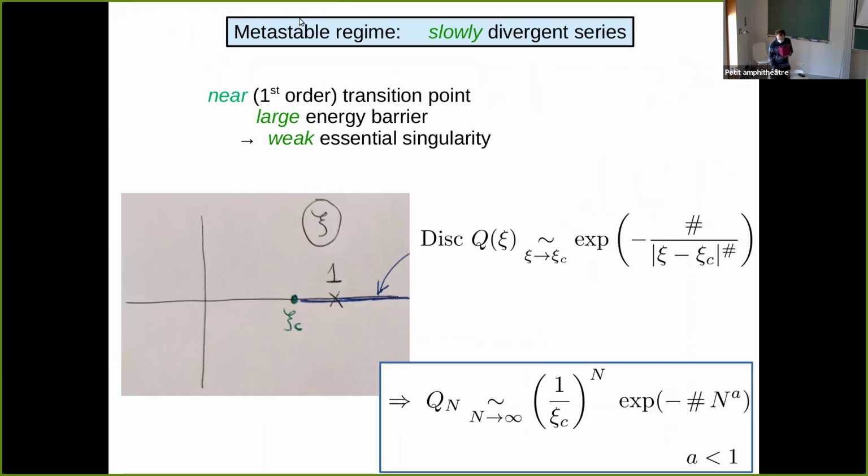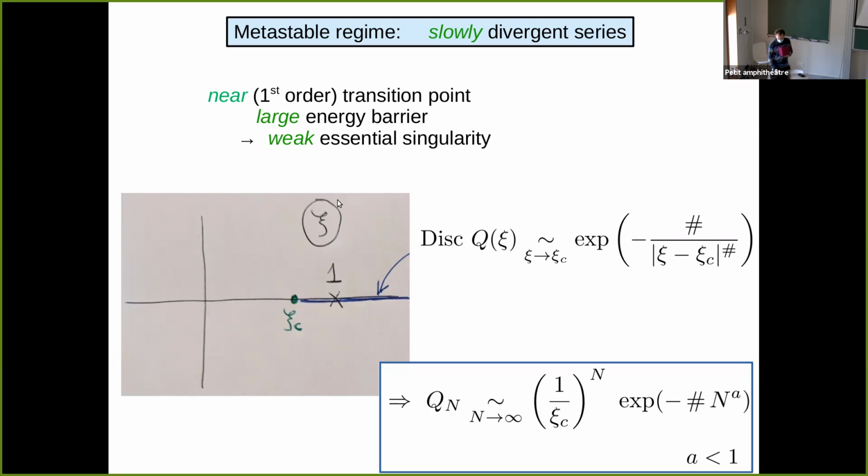So you can be a bit puzzled about this metastable regime because, as I argued in the beginning, in that case, the series should diverge. And indeed, it diverges, but the point is that it diverges slowly because, as usual with first-order transitions, if you are near the transition, then you have a large energy barrier to go from the metastable to the stable phase.